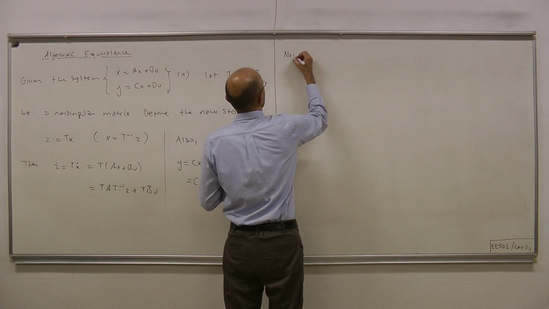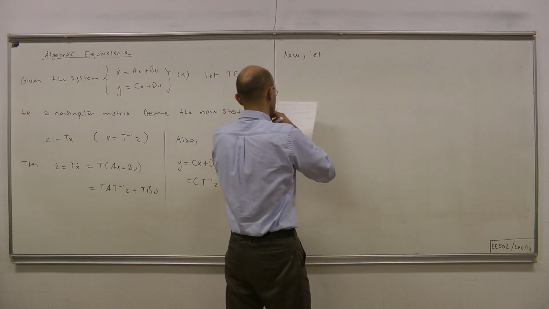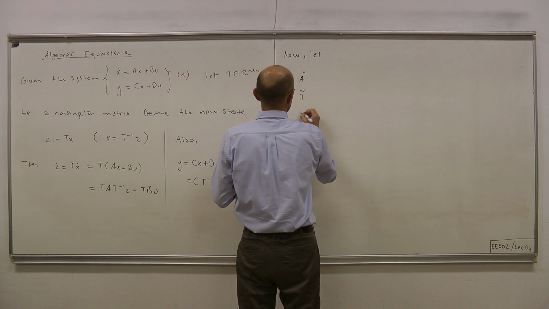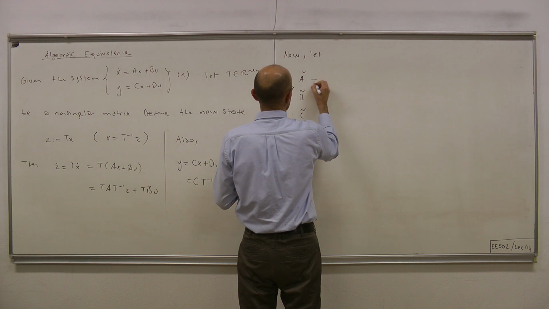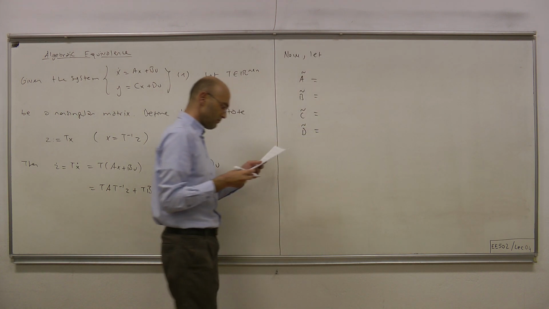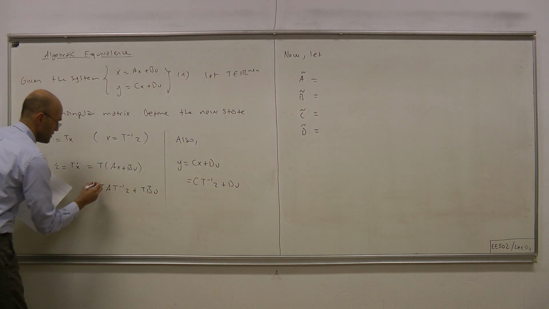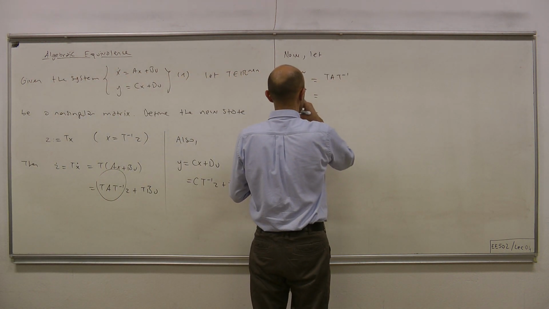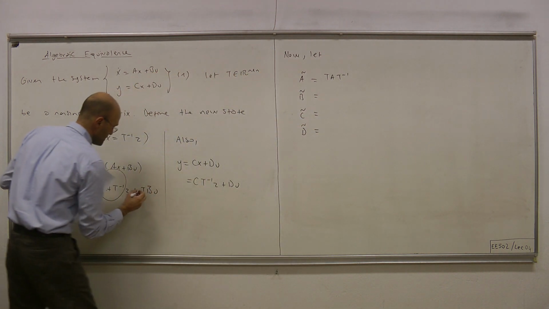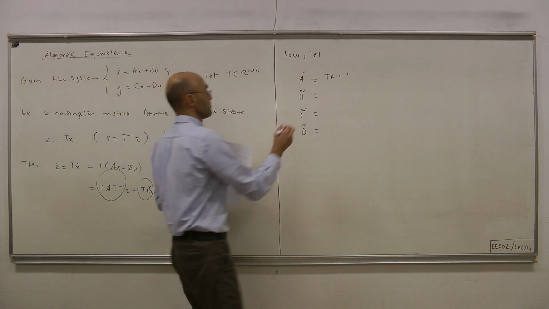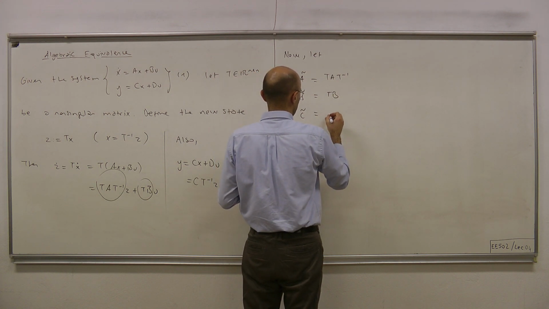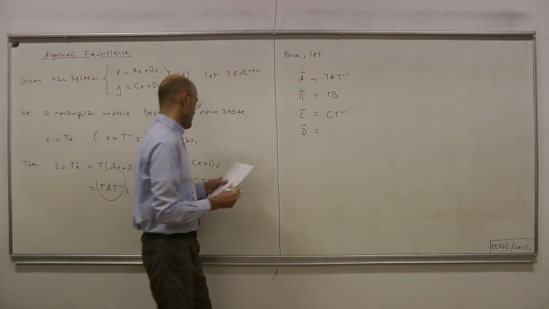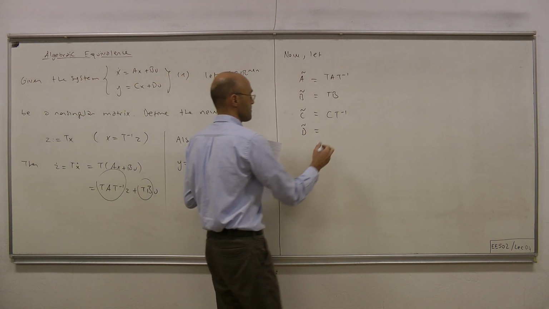Now, let the matrices A tilde, B tilde, C tilde, and D tilde be defined as follows. This is A tilde, TA T inverse. This is B tilde, TB. This is C tilde, C T inverse, and D tilde is D itself.